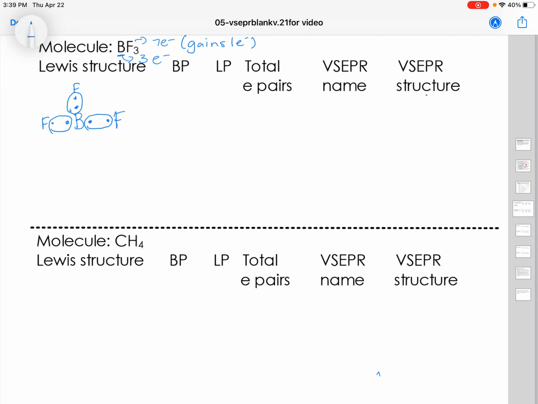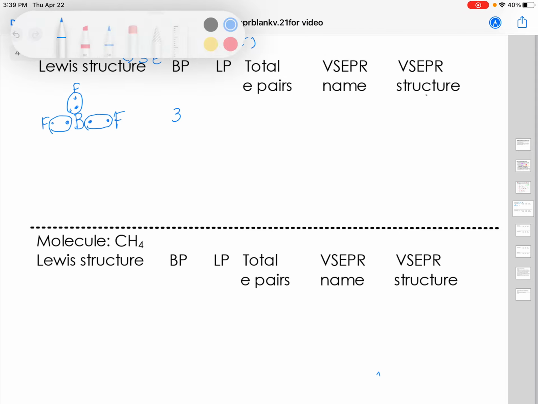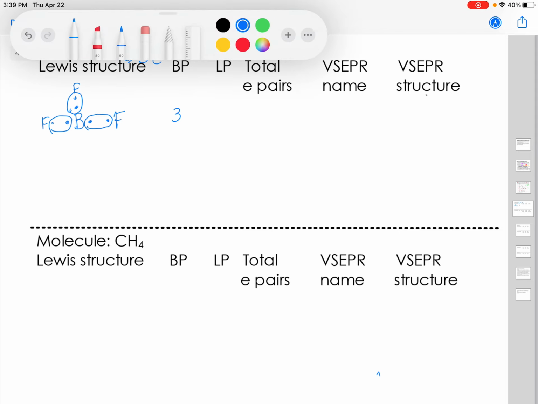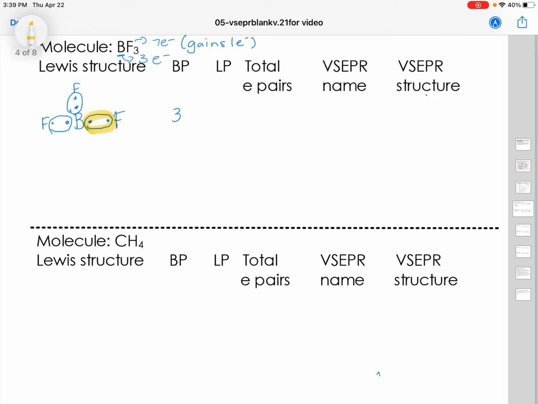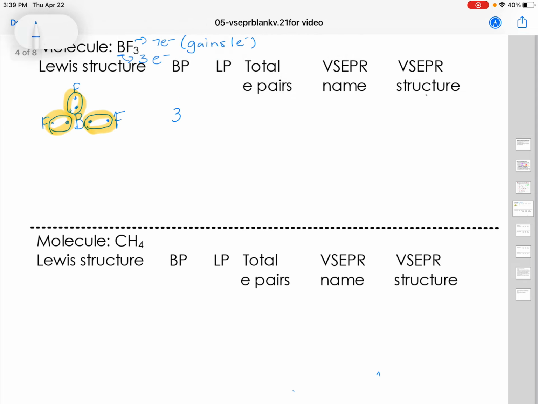Okay, so how many bonds are there? There are 3. I'll use my highlighter because this isn't a board, but then I'm going to erase it. So there's 1, 2, 3. Is there any lone pairs around boron?